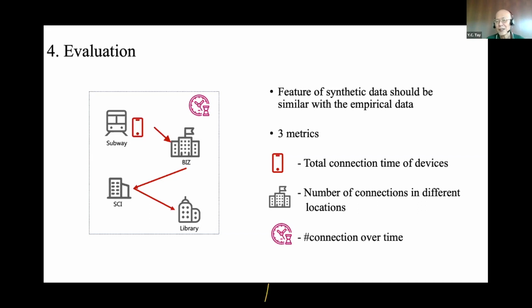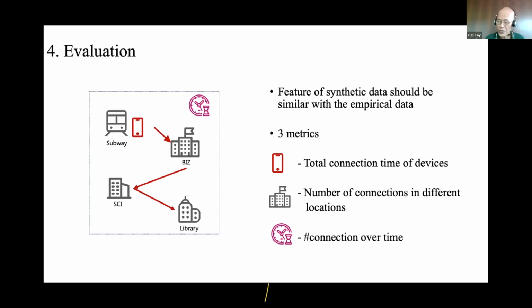Speaking generally, there's a feature set. The more features you put into this feature set, the more similar your synthetic data is going to be when compared to the empirical data, and you have a higher confidence that what you want to capture would be within the feature set.